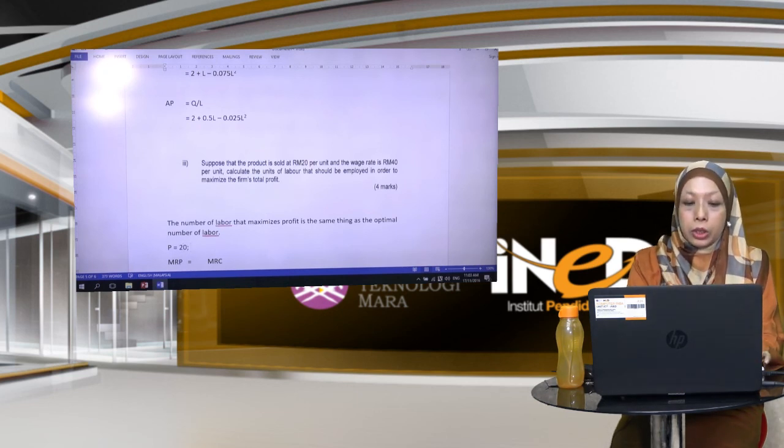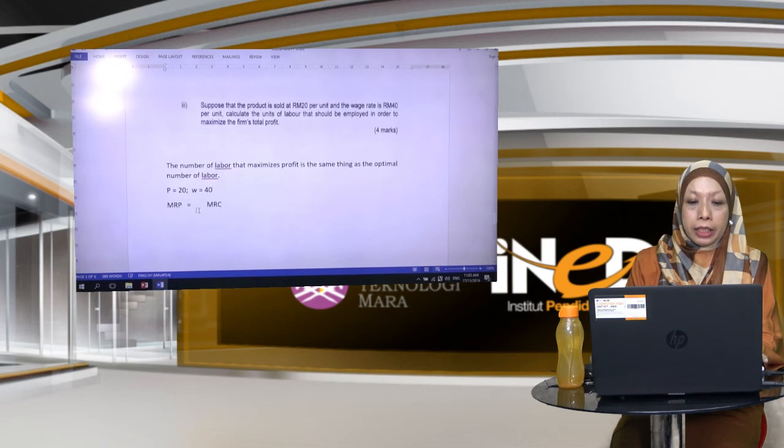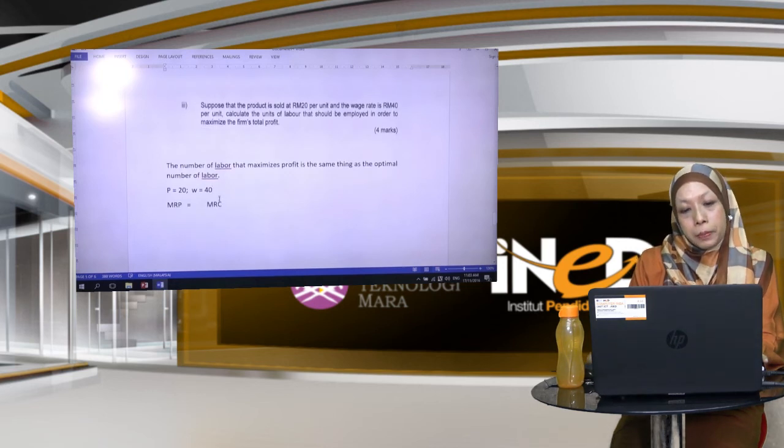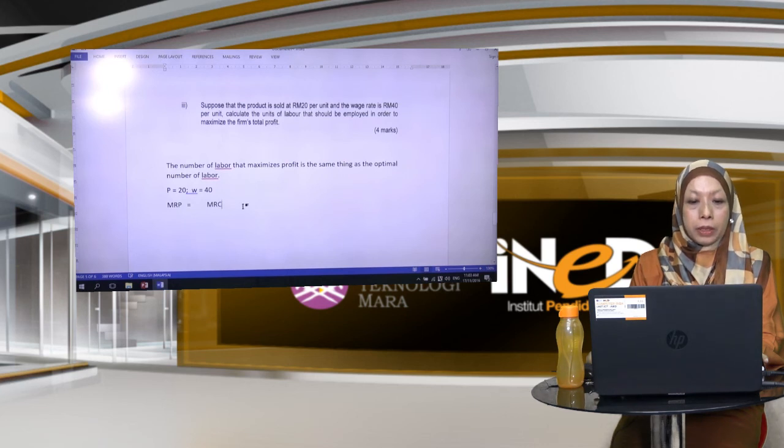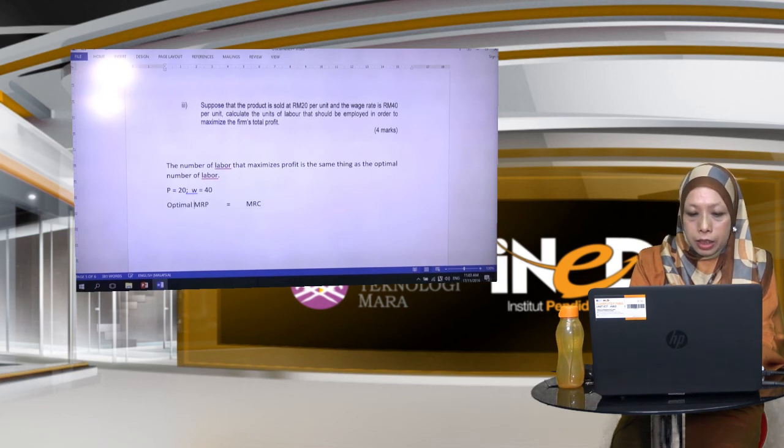You also need the cost of your variable input, in this case 40. So given these values, let us together find this optimal number.